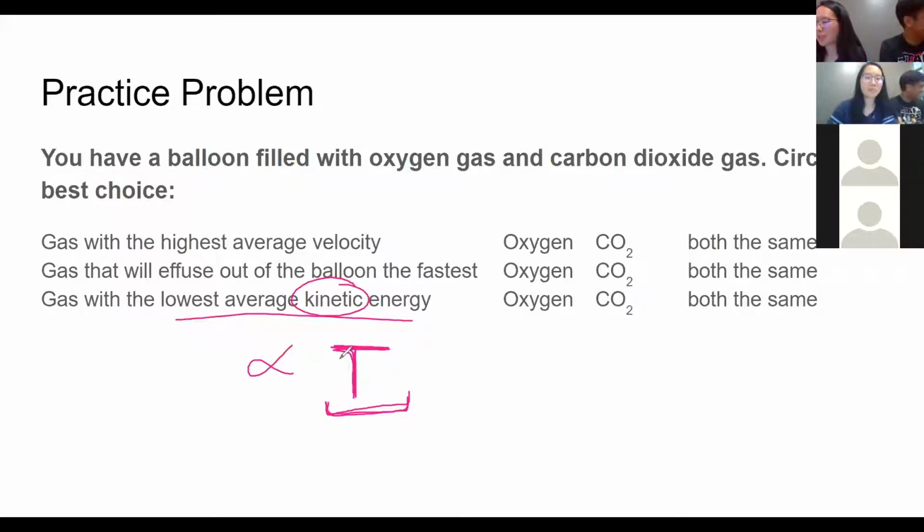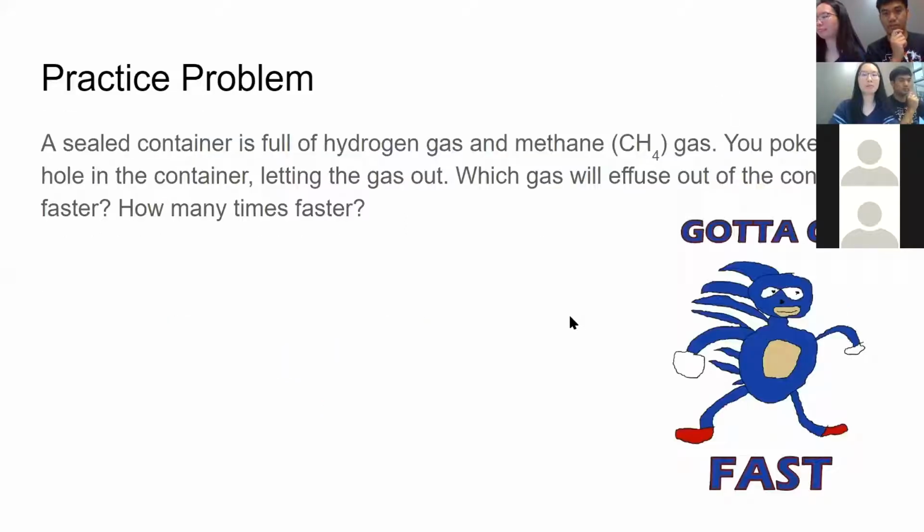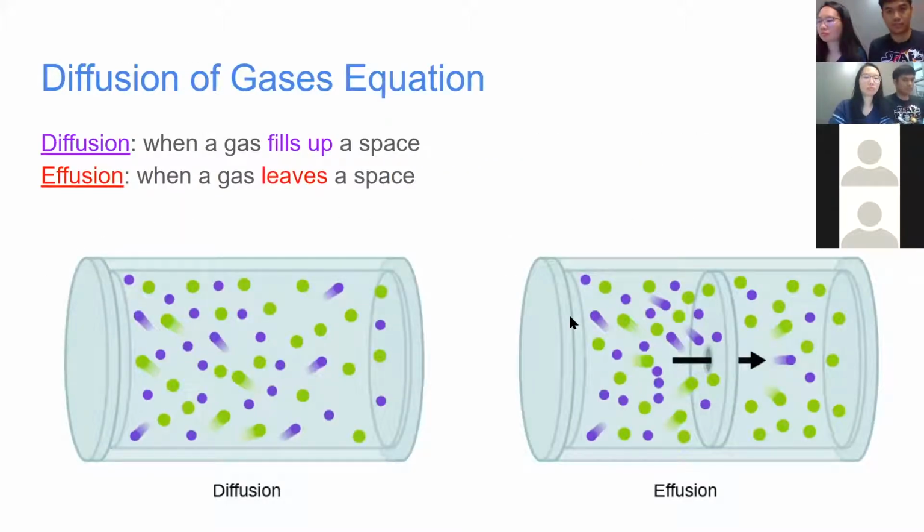So yeah, basically, because these gases are in the same balloon, they'll be at the same temperature, meaning the same amount of energy is going to be in the system for all gas molecules. So that means both have the same average kinetic energy. To review diffusion: effusion is the likelihood that a particle can go through the hole.